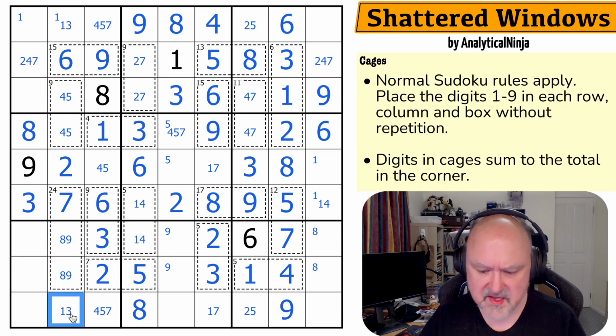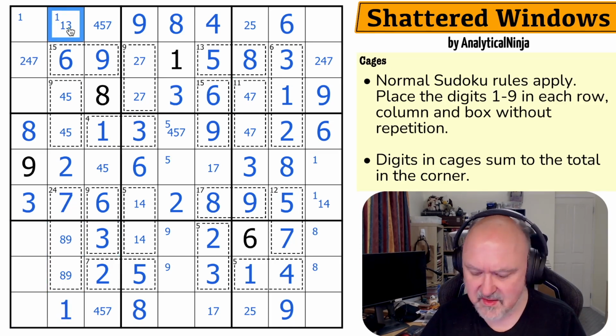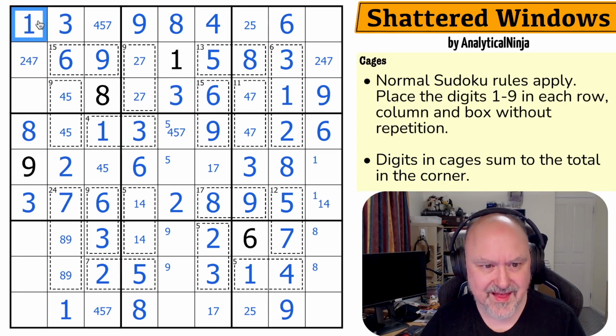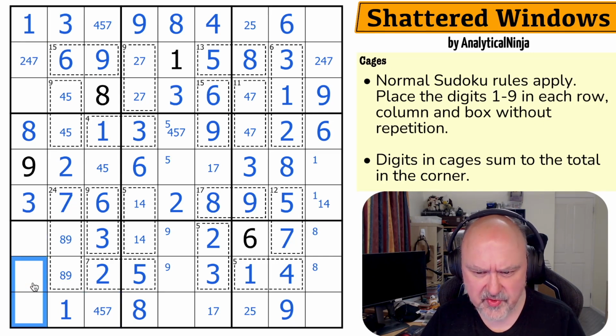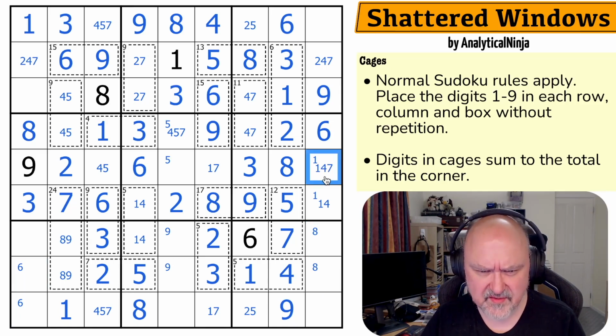Oh, the 3 is making that the 1, which makes that the 3, which makes that the 1. Got to put a 6 in one of those two. This is 1, 4, 7.